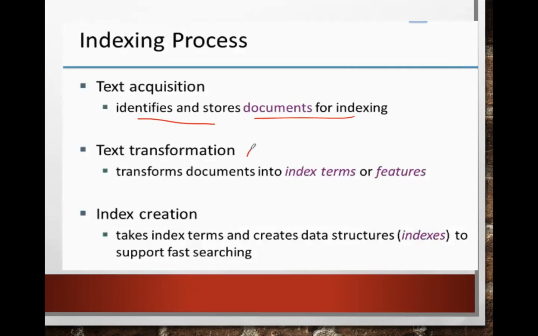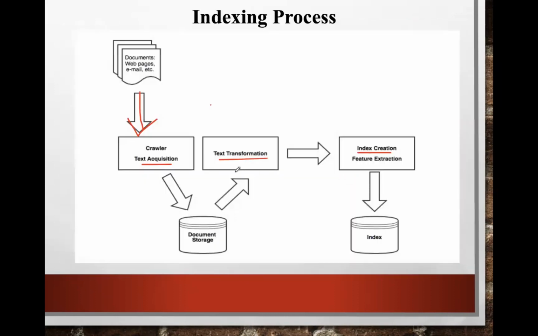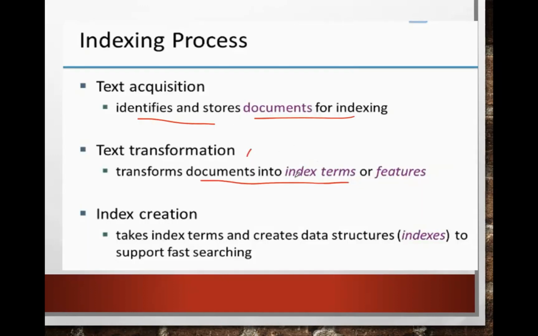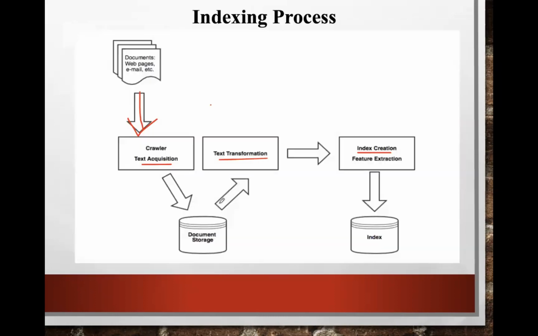The next step is text transformation. The documents which are collected here should be transformed into index terms or features. Finally, index creation is done. This is step 3.